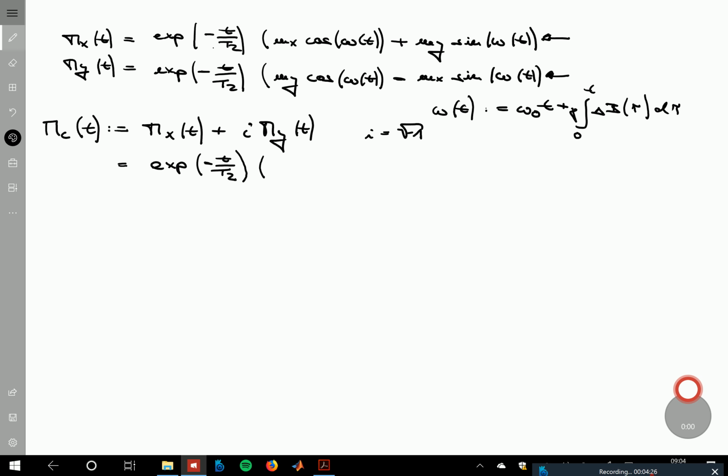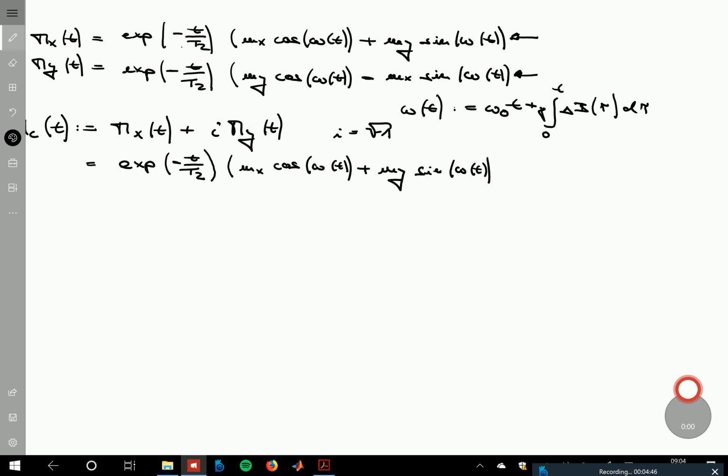But then we just substitute our mx cos omega t plus my sine omega t, and add to that the i multiplied by my cos omega t minus mx sine omega t. Close this bracket.